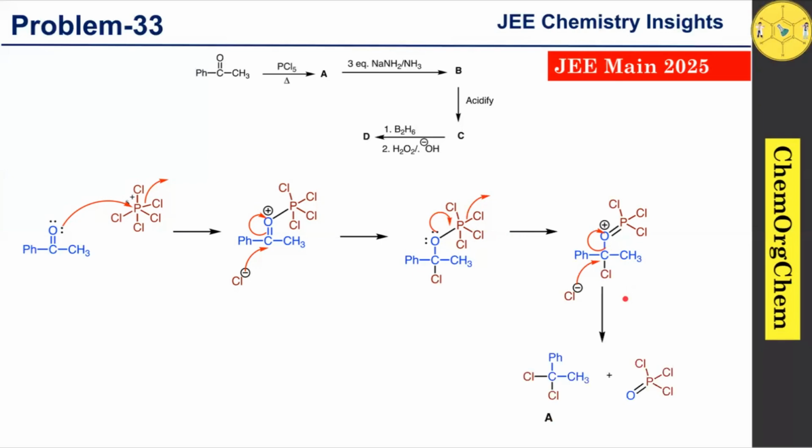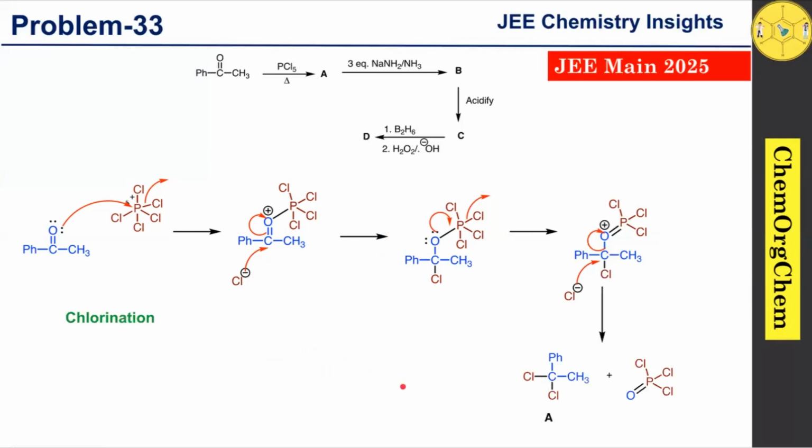This results in the generation of the gem dichlorinated product along with POCl3. So this is our product A. This reaction is called a chlorination reaction.